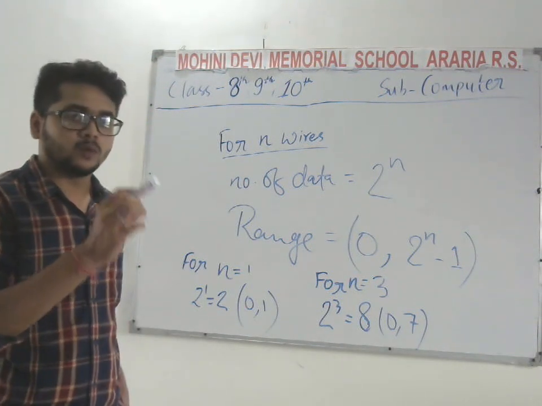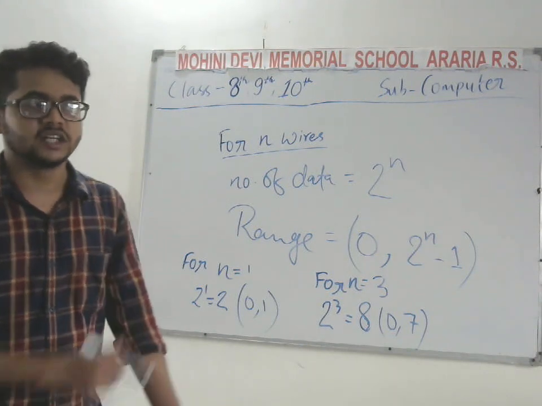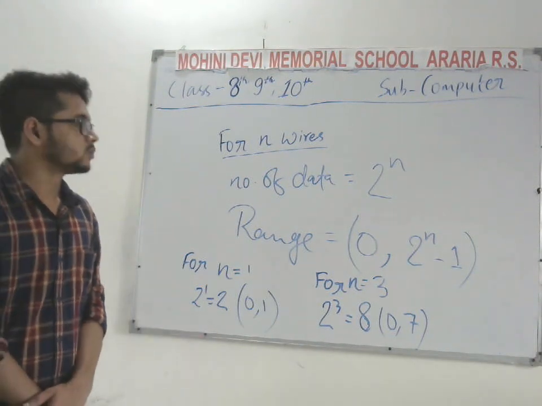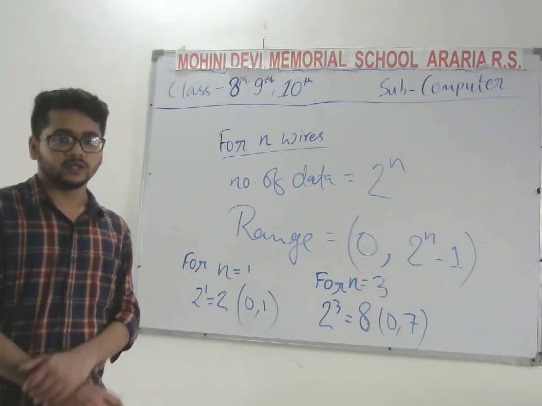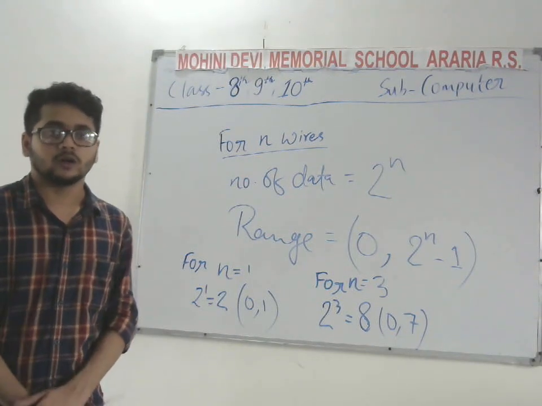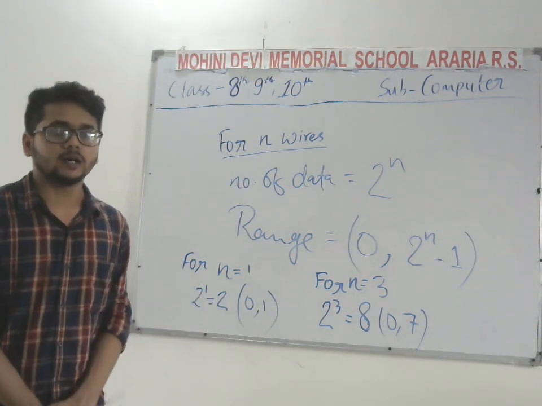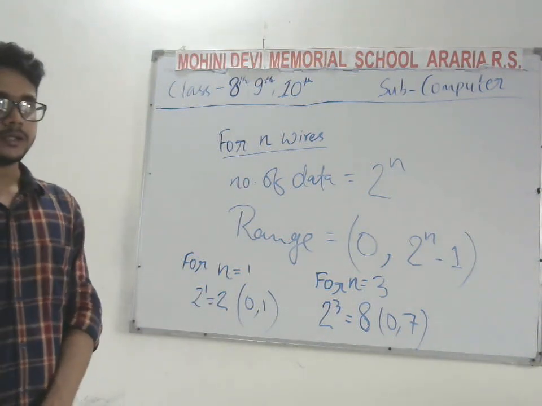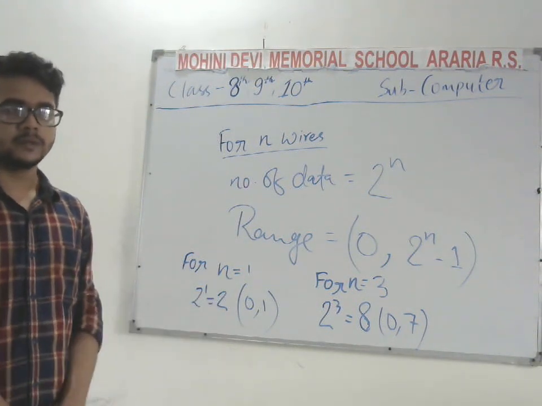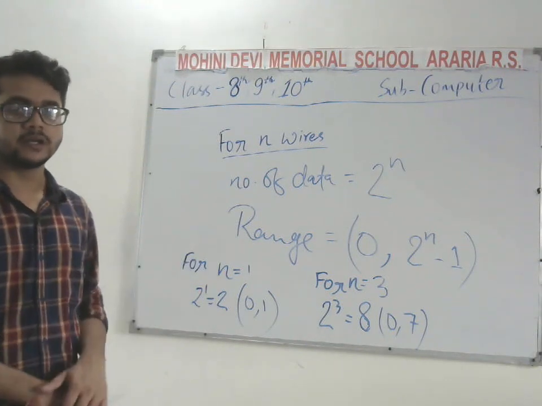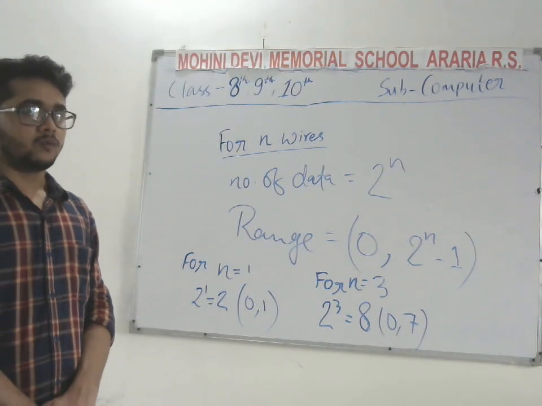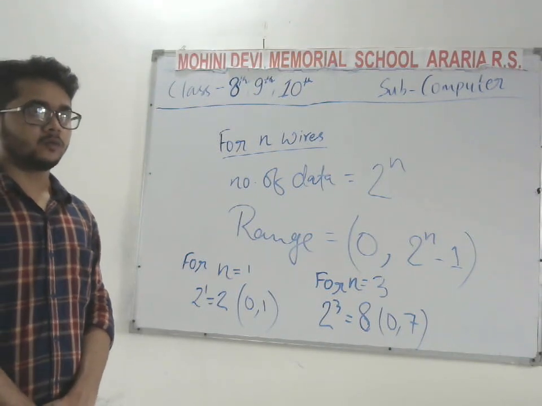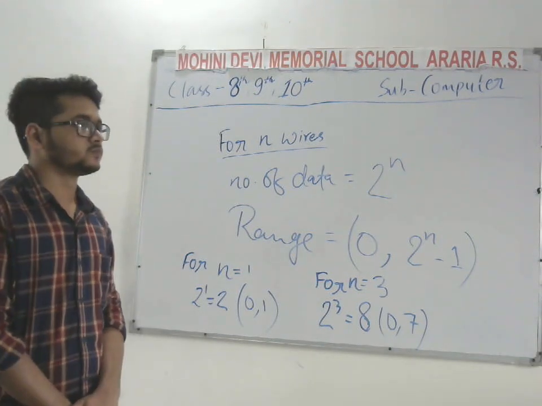So one wire is one bit. If we have 8 wires, then we represent 8 bits. Each wire is called a bit, and the collection of these 8 bits is called a byte. So one byte is equal to 8 bits, or 8 wires.